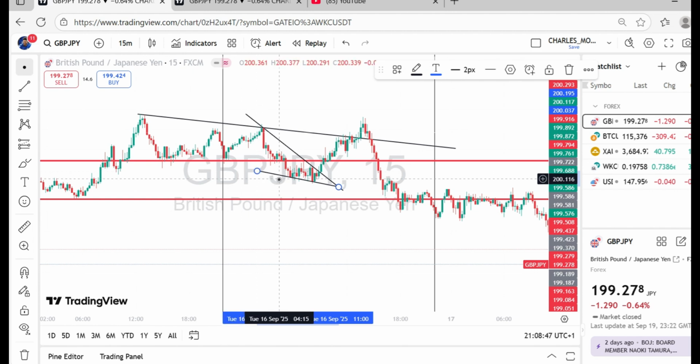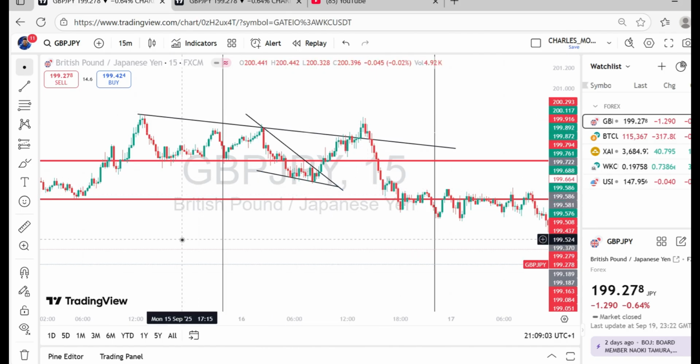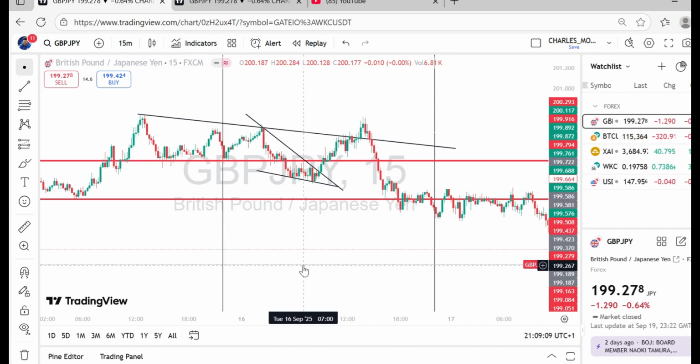Taking a sell or waiting for a sell in this type of chart pattern, you are just trying to risk your money, or you are just trying to dash your money to the market. So obviously the high and low have already given us the signal that we are going to be buying for the trade.